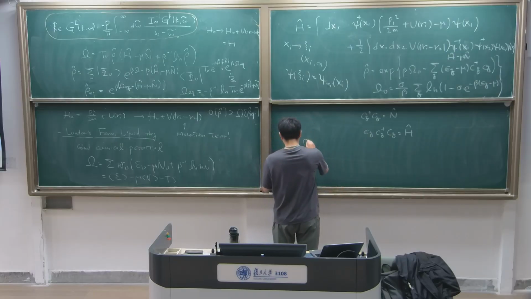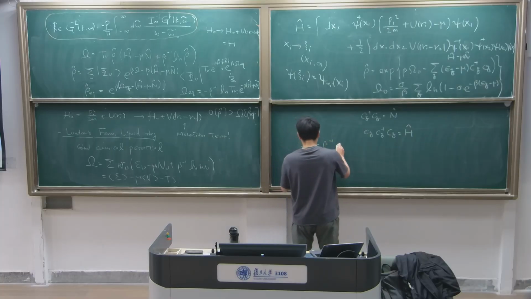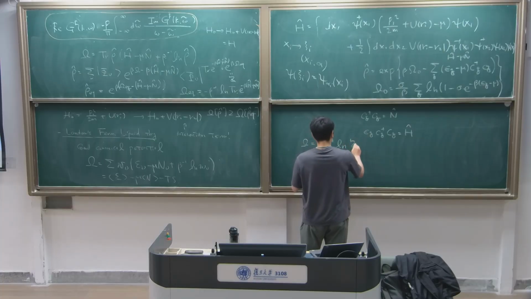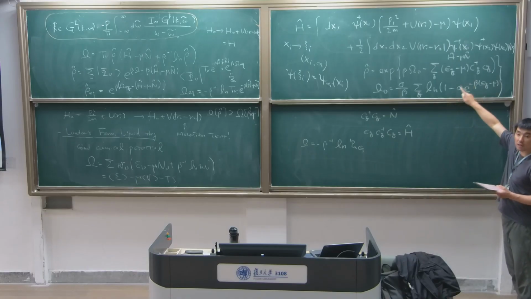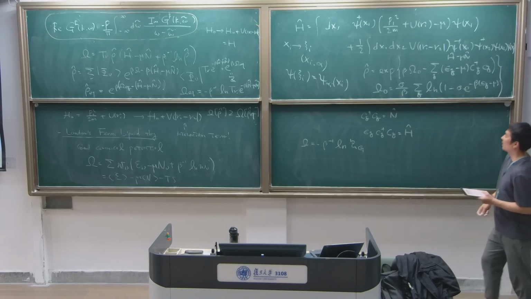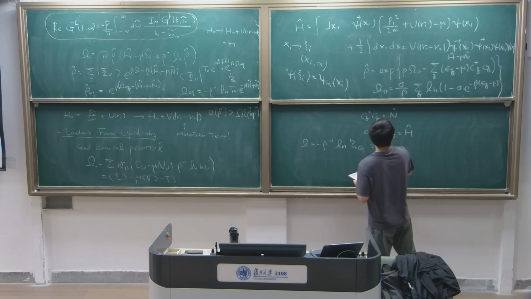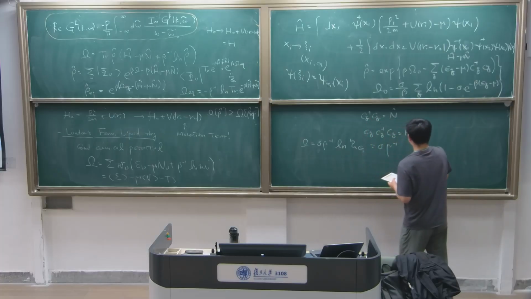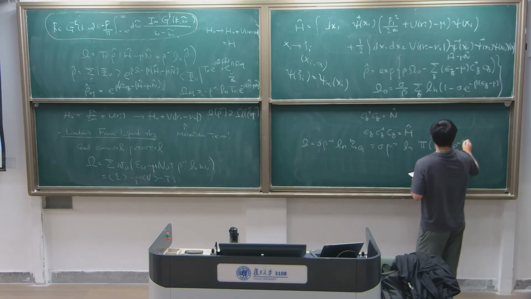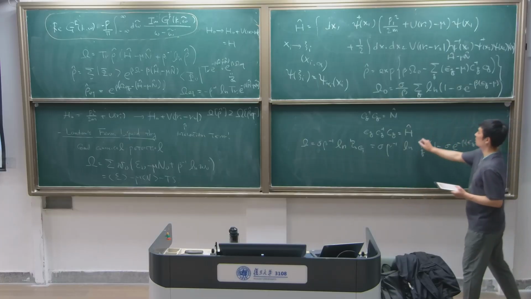So omega is equal to minus beta inverse of the log of the grand canonical partition function. And we know this is the grand canonical ensemble partition function. This is equal to sigma beta inverse times the log of the product of 1 minus sigma e to the minus beta epsilon q minus mu, where q is the label.